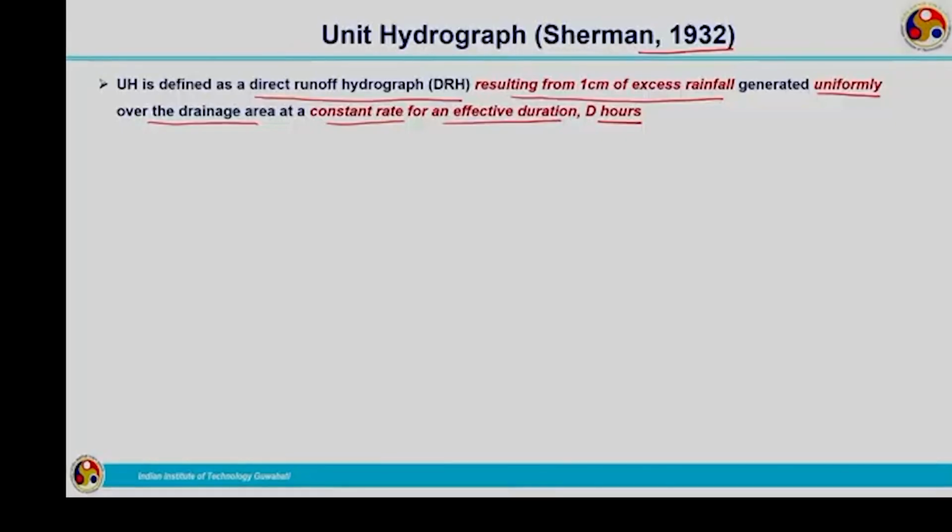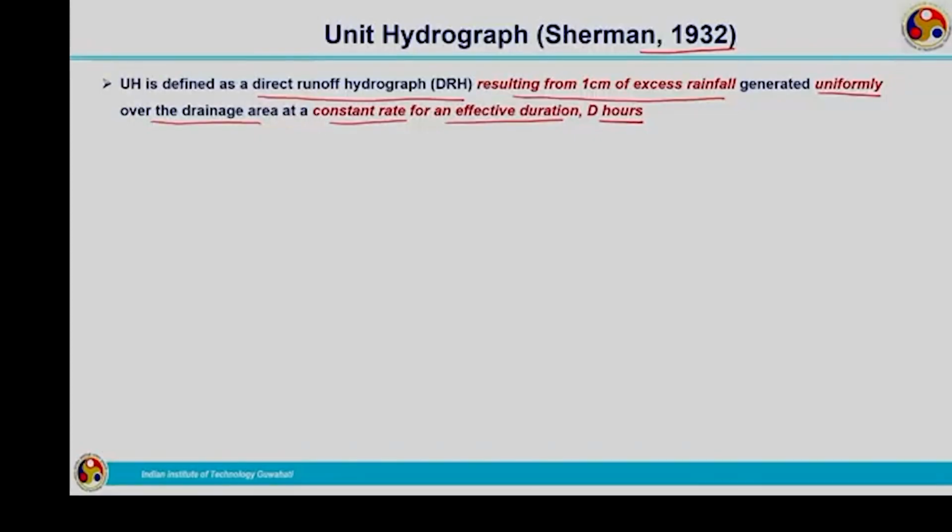The entire catchment experiences 1 centimeter rainfall for a duration of d hours, and the runoff produced by this rainfall at the outlet of the catchment is what is termed the unit hydrograph.